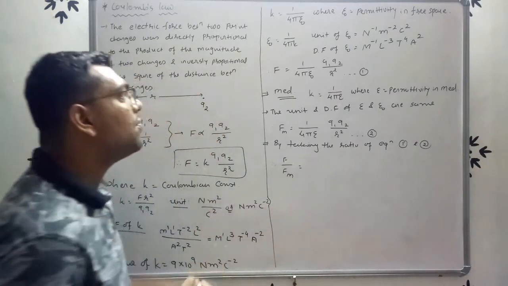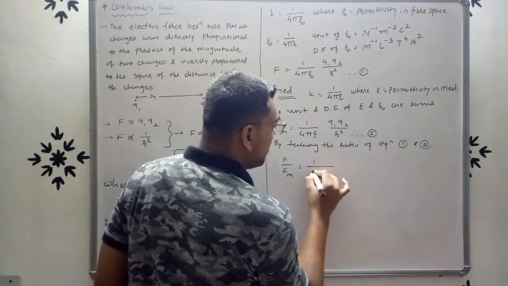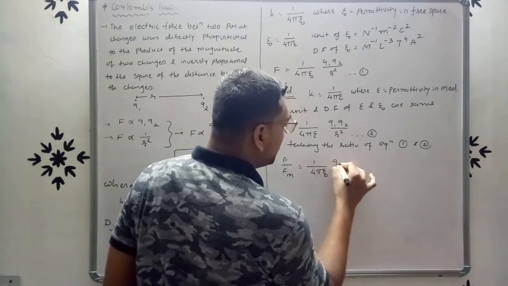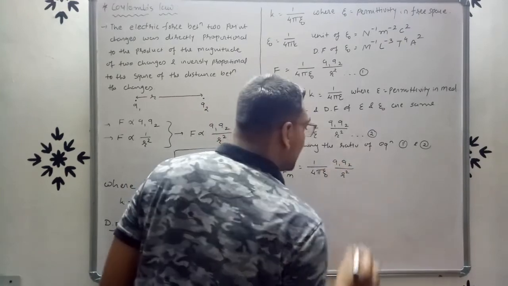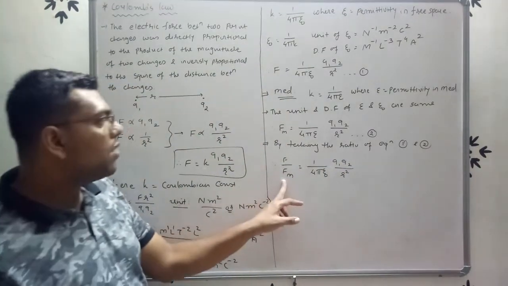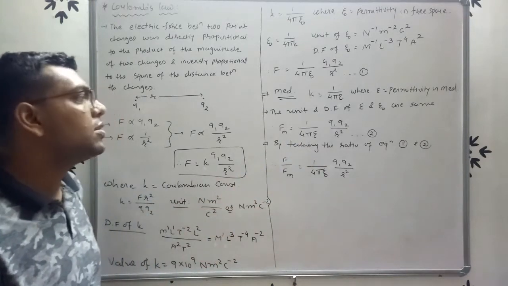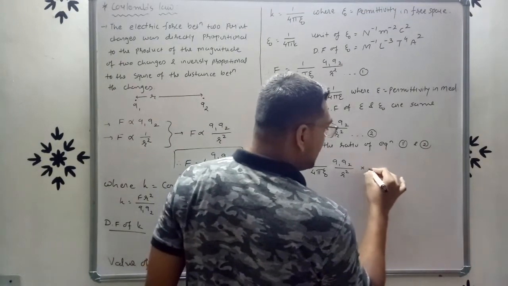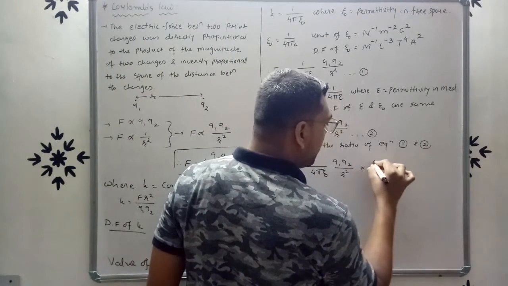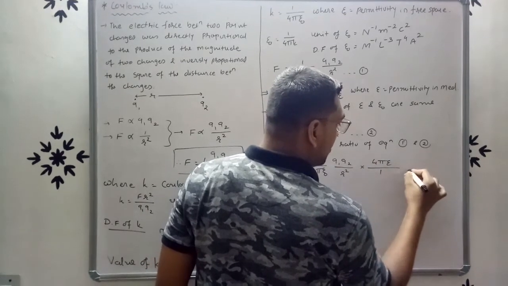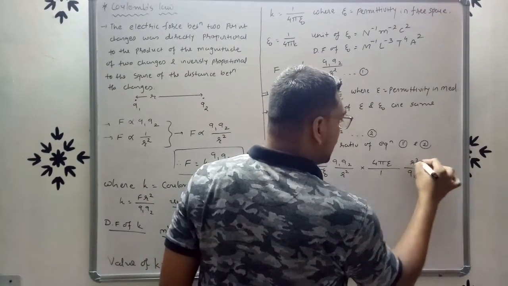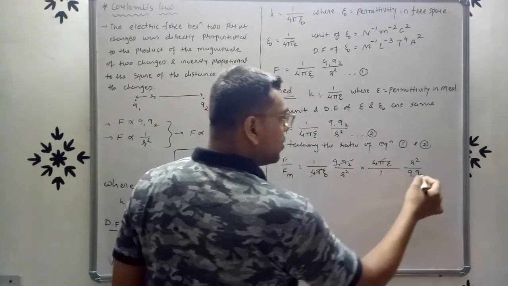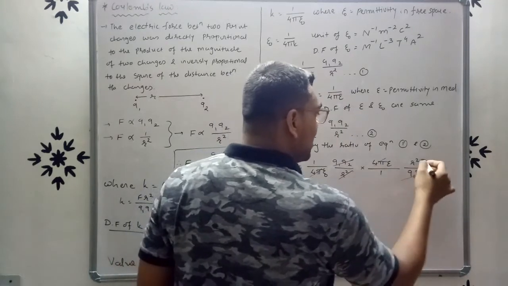is equal to, the value of F is 1 by 4 pi epsilon 0 Q1 Q2 upon R square, right? Now the value of Fm in the denominator is 1 by 4 pi epsilon Q1 Q2 upon R square. So here 4 pi cancels, Q1 Q2 cancel, R square cancels, right?